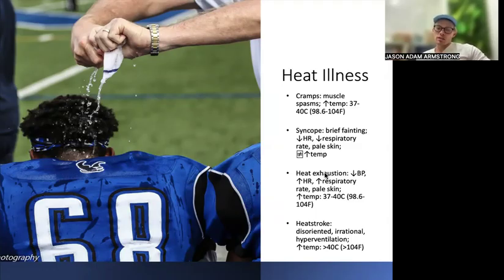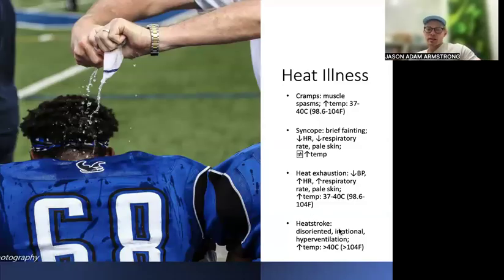For heat exhaustion, we see decreased blood pressure, increased heart rate, increased respiratory rate, pale skin, and increased temperature. Now, I will say we could have syncope and heat exhaustion occurring at the same time. So I might see elevated heart rate, but at some point, I also might see that drop drastically, and I might have someone fainting. So I could have both of these at the same time, even though it looks like decreased heart rate, increased heart rate.